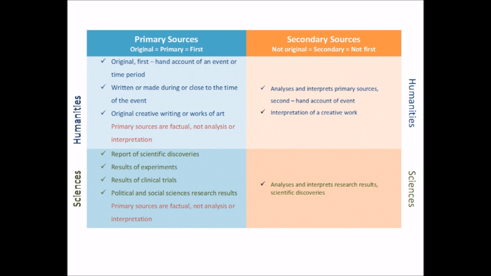A secondary source in the humanities analyzes or interprets those primary sources. So it's a second-hand account of the event. It's an interpretation or an analysis. Sometimes it could be something as simple as a summary. Sometimes it could go back and look at the author's life, or it could look at the piece of literature from a different perspective.